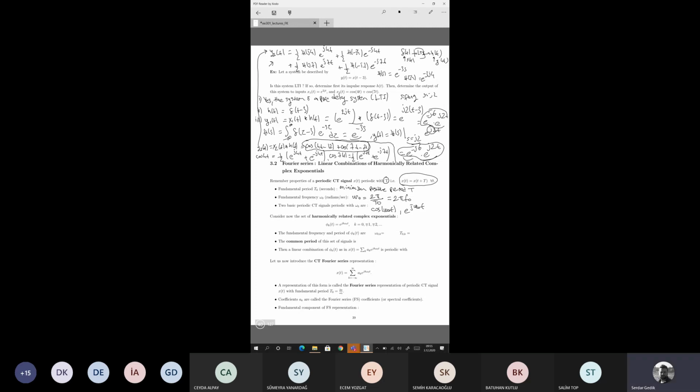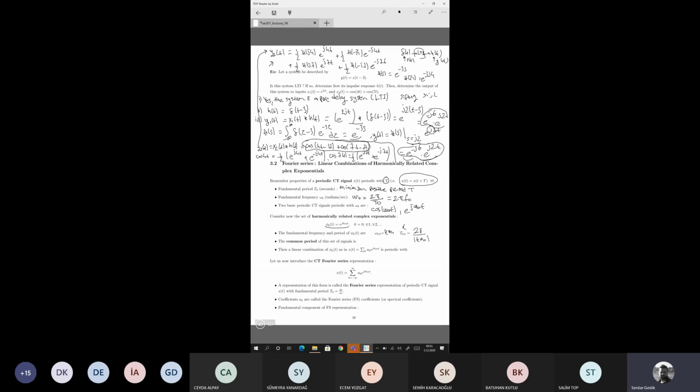So now let's consider the idea of harmonically related complex exponentials. If I define phi k as e^(j k omega 0 t), then these are harmonically related. All of them have a common period, but the fundamental frequency and the fundamental period of the kth component are, respectively, k omega 0 and 2 pi over k omega 0.